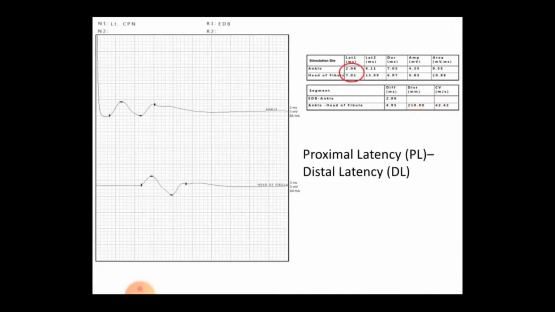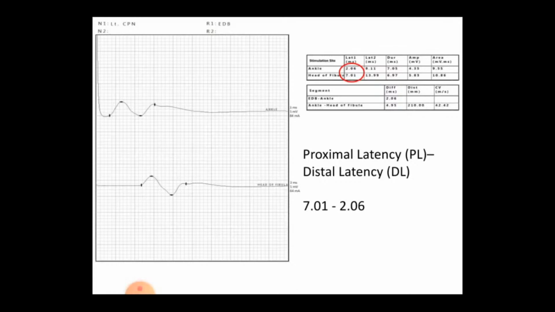Now we have to identify the difference of proximal latency and distal latency. Clear? Proximal latency is because of stimulation at the head of fibula, and distal latency is because of stimulation at the ankle. Latency means the time taken by the impulse to travel from the stimulating point to the recording point.